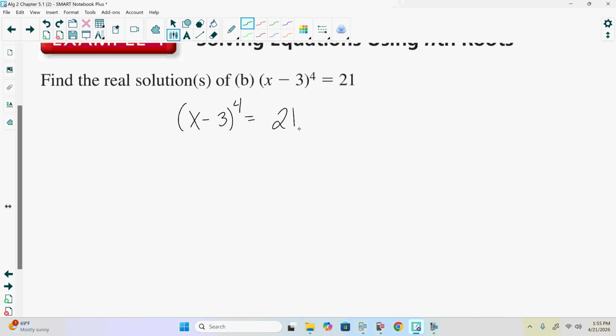First thing we want to do is get that term to a power by itself. Is there anything being multiplied by our term to that fourth power? Do we have anything being multiplied out in front of it? Do we have anything being added to it or subtracted from it? Well, we do have the minus 3, yes? But is that inside of our term or outside?